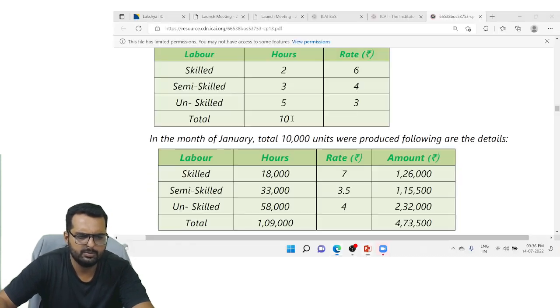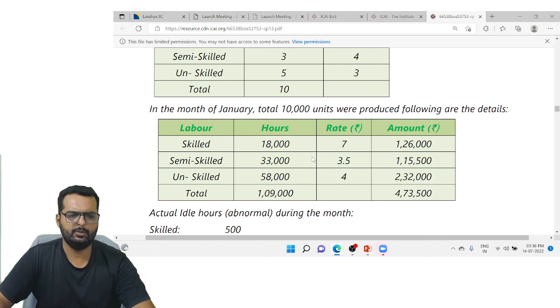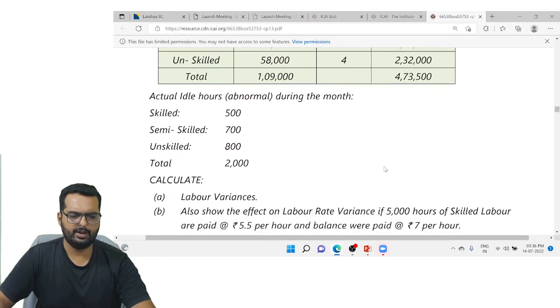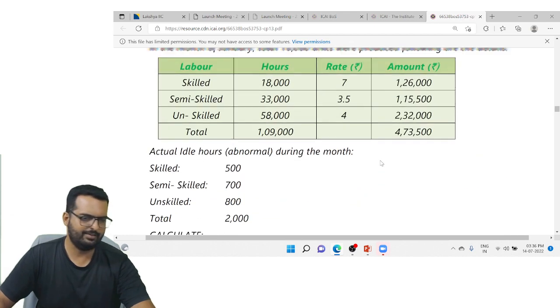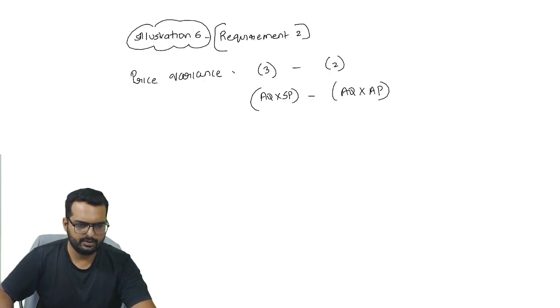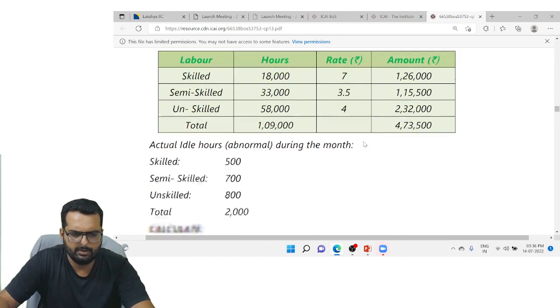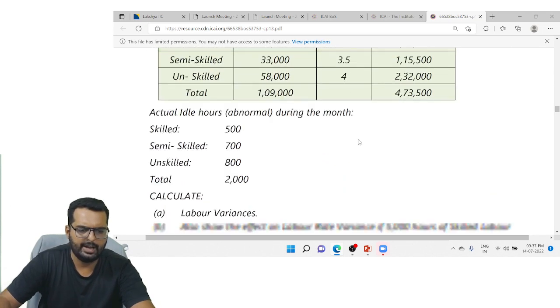10,000 into 18,000. Wait. Skilled labor is paid 5.5 and remaining are paid at 7. So out of 18,000, I'll just write down below this AQ into AP will be out of 18,000. How many hours have they told? 5,000 at 5.5.